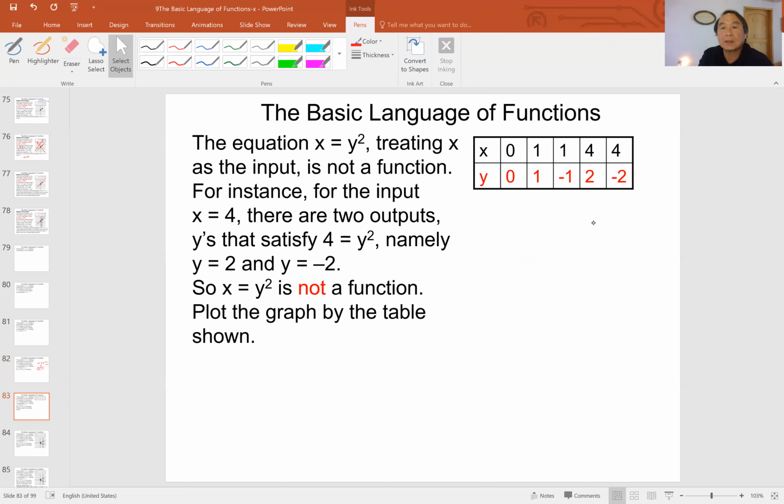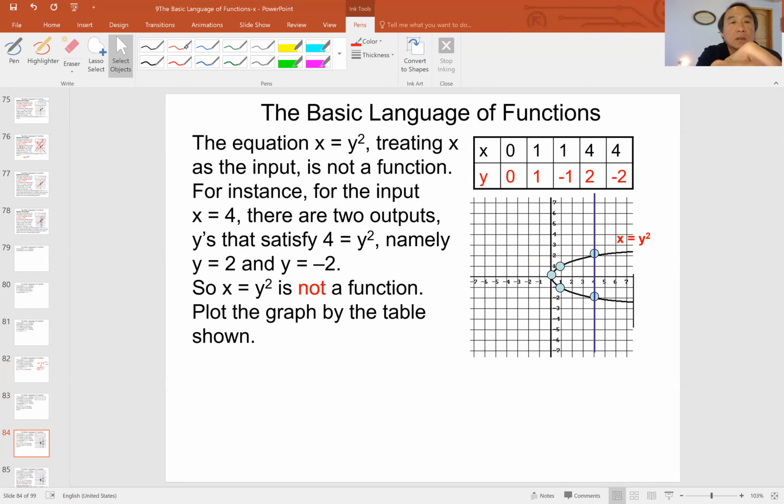And when I plot them, notice for a single x, there are two different points on the vertical line defined by the x. In other words, they have two different outputs for y.